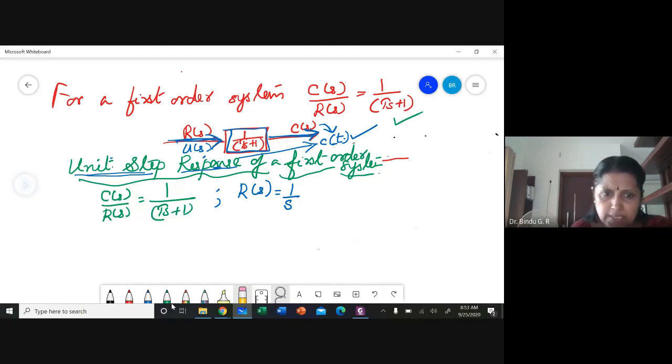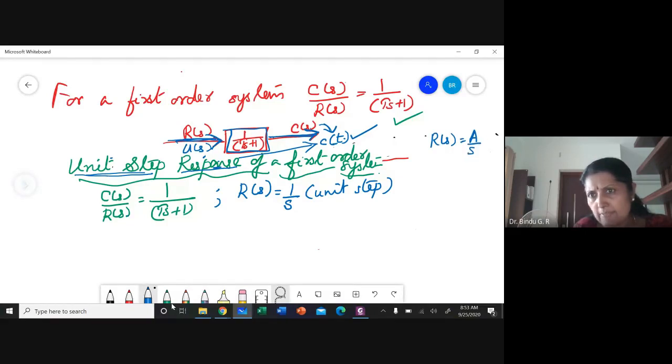So I'm now proceeding. C(s) by R(s) is equal to 1 by Ts plus 1, where R(s) is equal to 1 by s because you have taken a unit step. Had it not been a unit step, R(s) would have been A by s, any magnitude, say 5 by s, with 5 as the magnitude. So here I am taking only unit step.